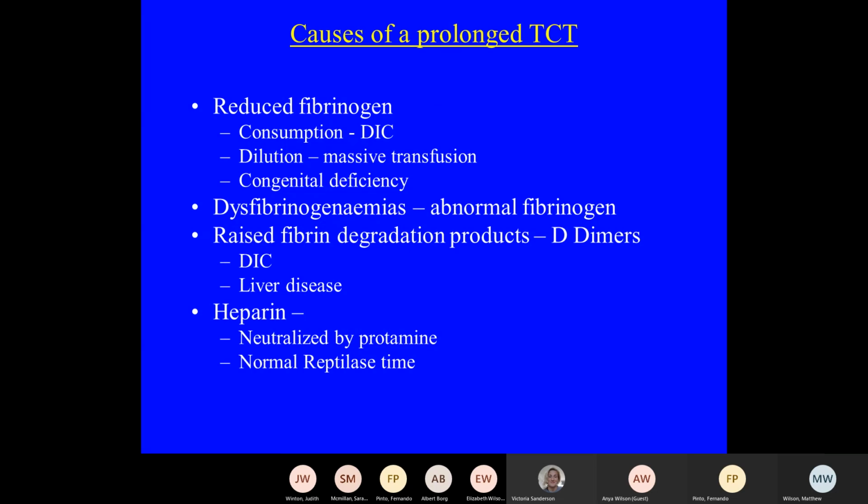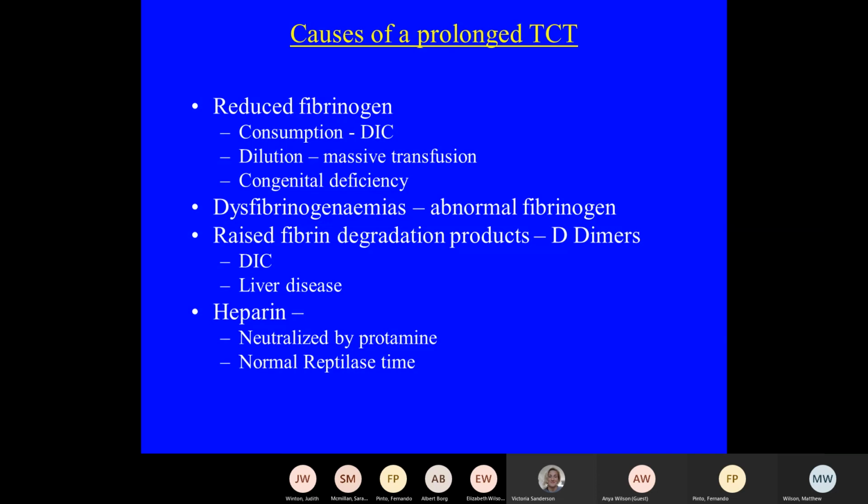So, causes of a prolonged thrombin time. Reduced fibrinogen would do that, due to whatever cause, either because you're consuming fibrinogen or because you're diluting it with lots of blood transfusions in a massive transfusion trauma scenario.